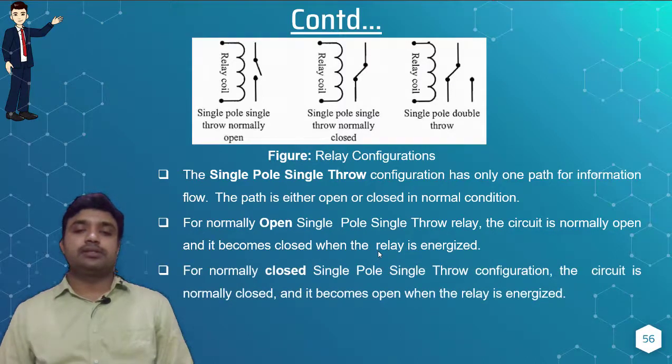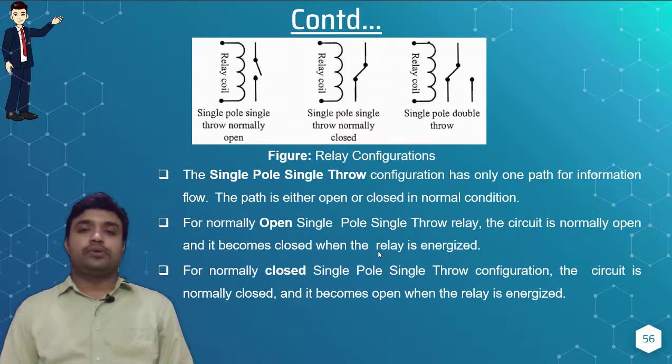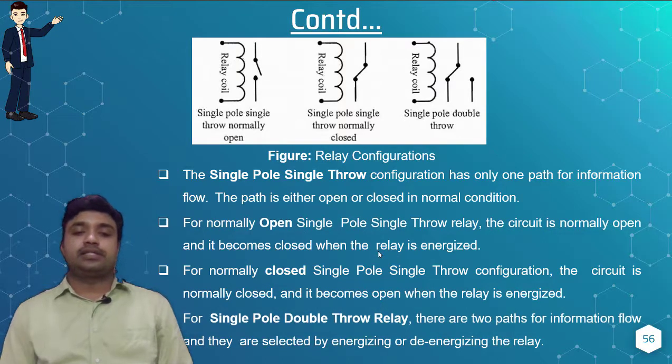And for the normally closed single pole, single throw configuration, the circuit is normally closed and becomes open when the relay is energized. And the last is the single pole double throw relay. There are two points for information flow, and they are selected by energizing and de-energizing the relay. So based on the design, a combination for a relay configuration, single pole double throw is preferred.